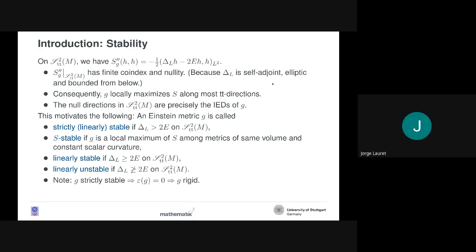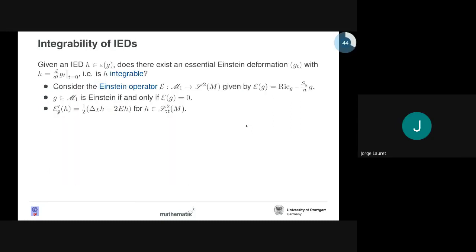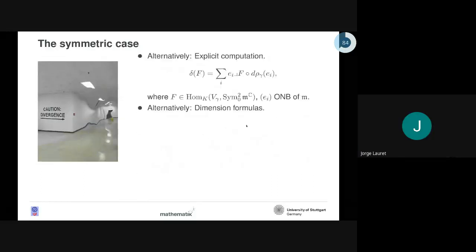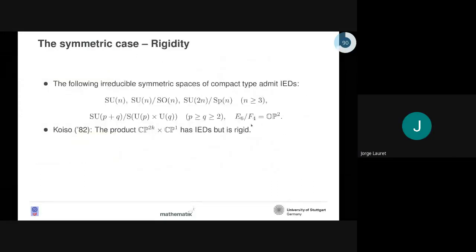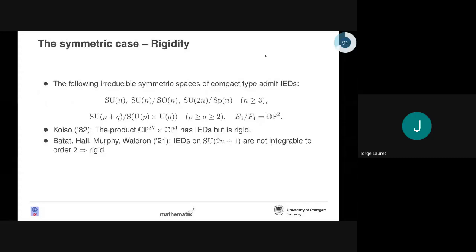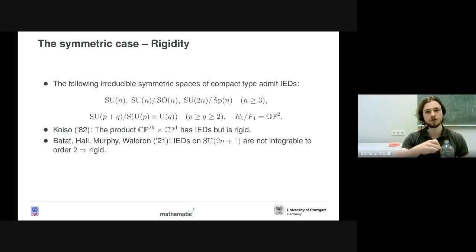So can you show again the symmetric spaces with deformations? So we don't know about any of these whether one of these is a local max. Well, some of these are known to be unstable. So in this case, we already know that it's not a local maximum.